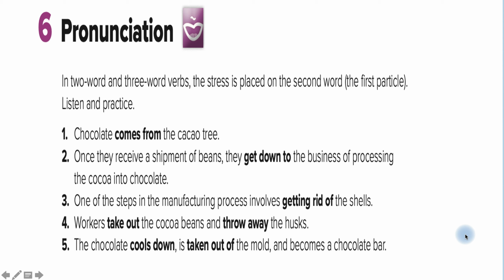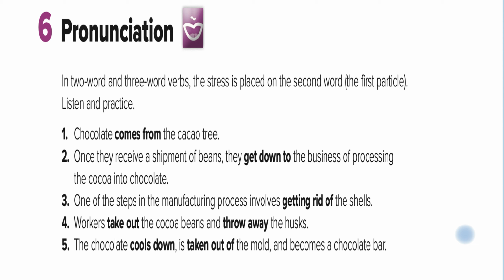Page 59. 6. Pronunciation. In 2-word and 3-word verbs, the stress is placed on the second word, the first particle. Listen and practice. 1. Chocolate comes from the cacao tree. 2. Once they receive a shipment of beans, they get down to the business of processing the cocoa into chocolate. 3.